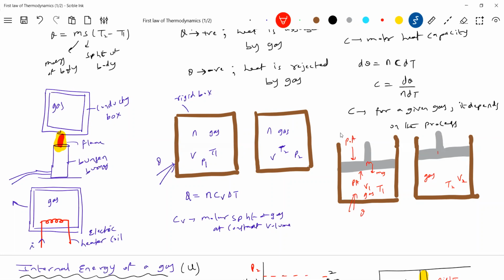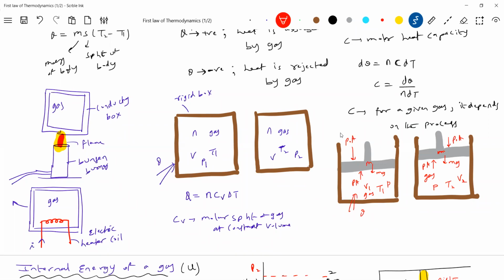Now what forces are still acting? mg, the atmospheric pressure force, and the pressure of the gas. You can ask, sir, why is the pressure of the gas not changing?